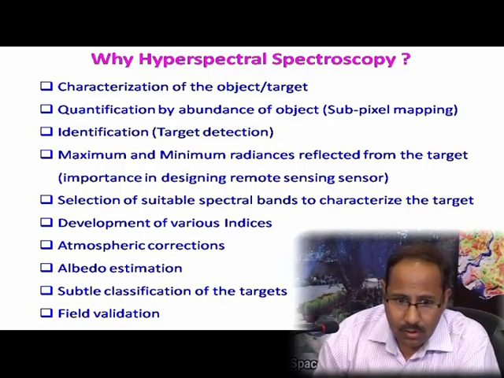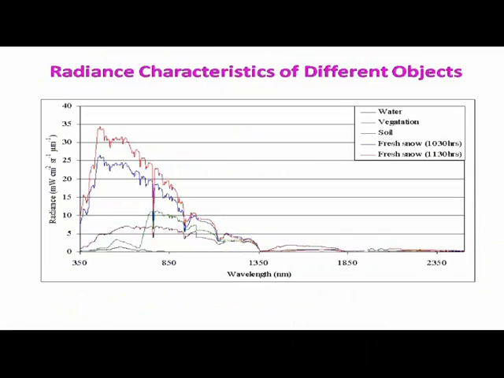So I'm coming first to the radiance characteristic of different objects. You can see how the radiance looks in this complete shortwave range, right from 350 nanometer to 2500 nanometer. This is for the water, very low radiance. Then this is for vegetation, this is for soil, and this is for the snow.